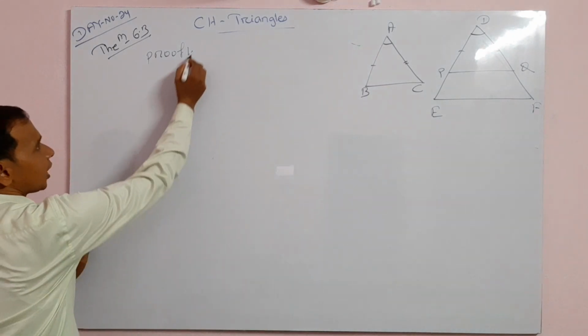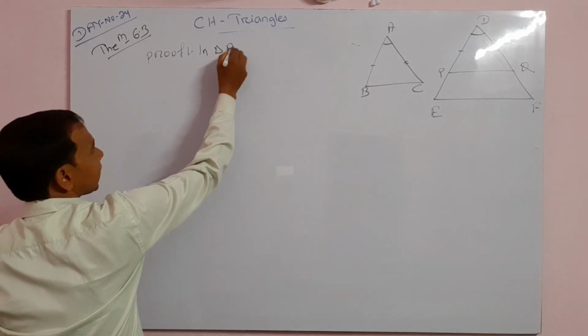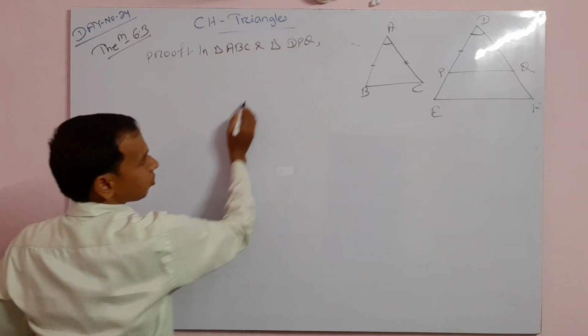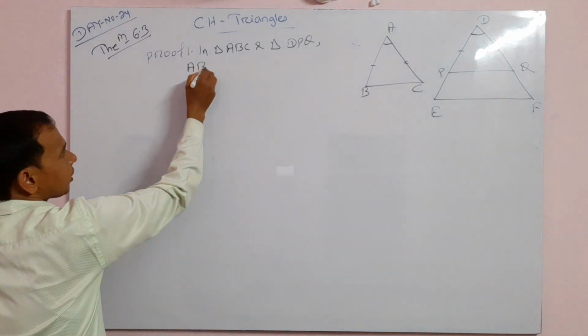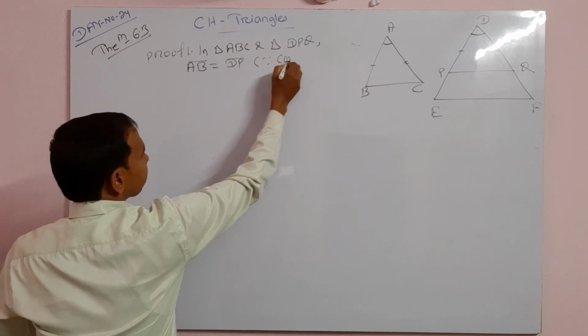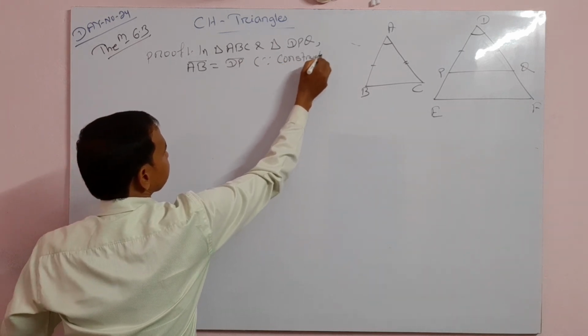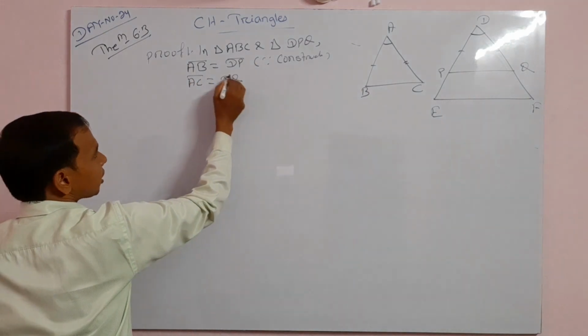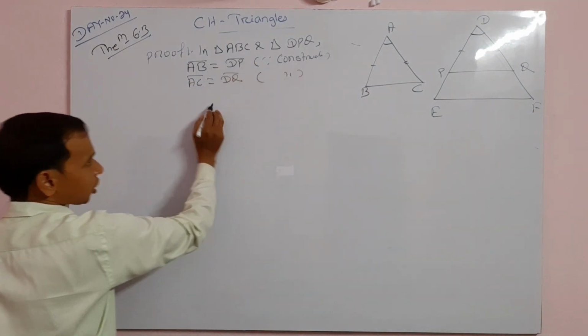Okay, so first write here, in triangle ABC and triangle DPQ, AB is equal with DP because of construction. AC is equal with DQ also because of construction.